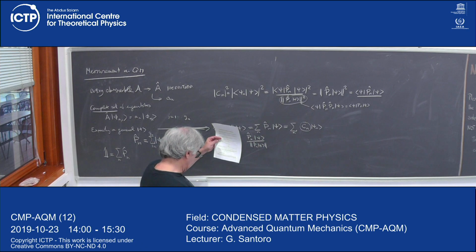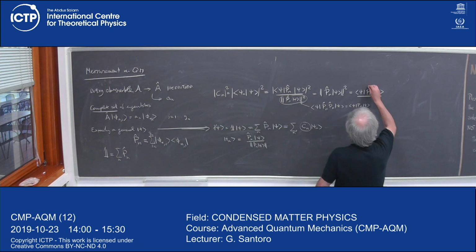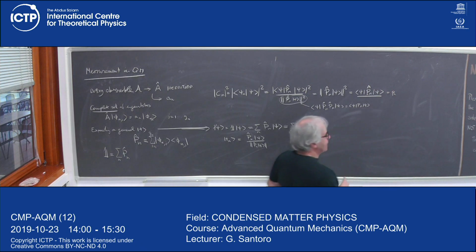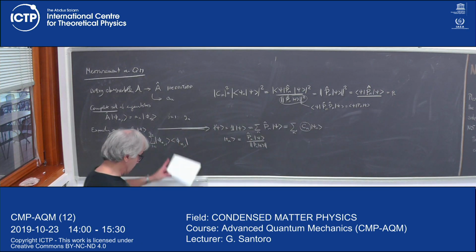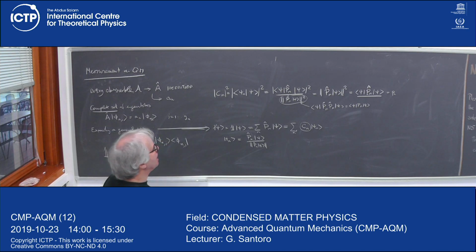Okay. And I will call this object, the projection operator, big P. I will call small pn, which is a probability, as we'll see later on, the probability pn.